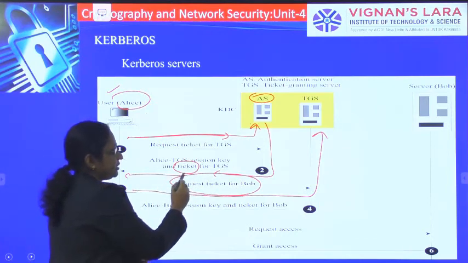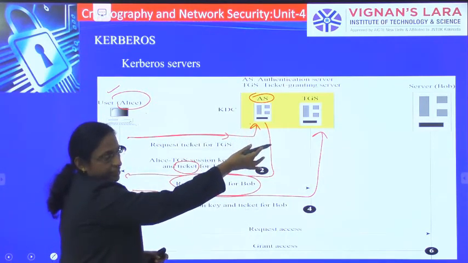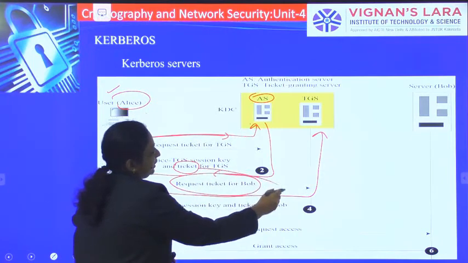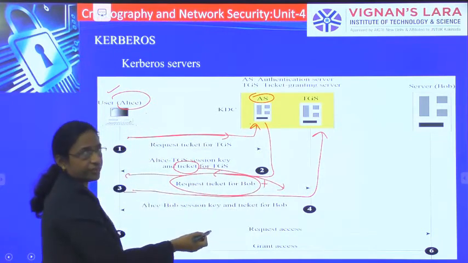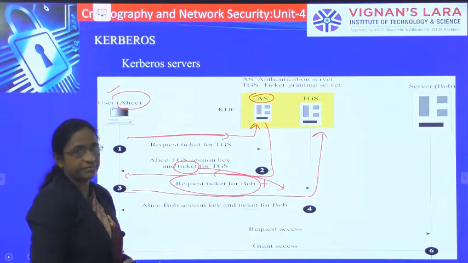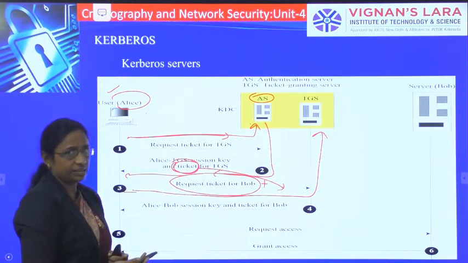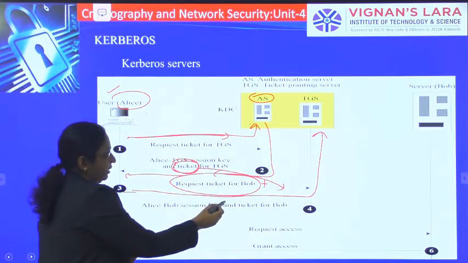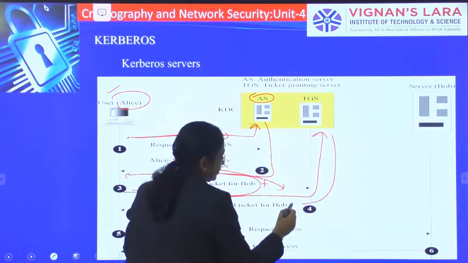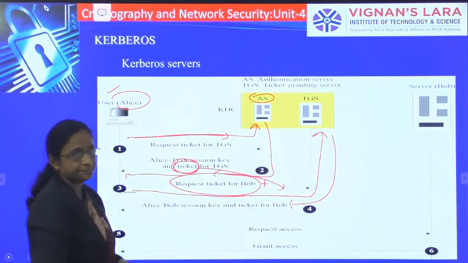So it is requesting access to that server, and it sends this ticket plus this request. The ticket granting server verifies this ticket. If the ticket is okay, then it again provides a ticket.